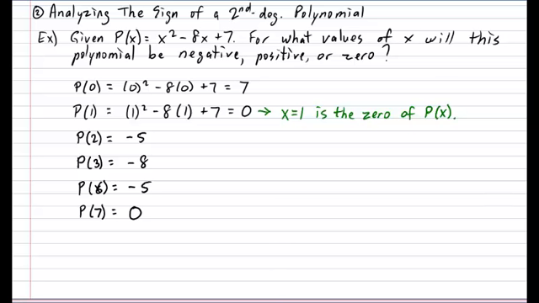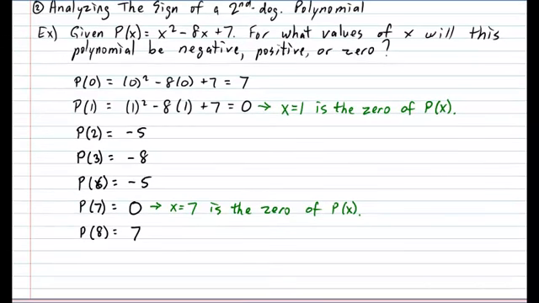This polynomial has two x-intercepts. The previous one, which occurred when x is 1, and this one, which occurred when x is 7. Alright, let's see what happens after this. Let's plug in when x is 8. If you did it correctly, you should have gotten a y value of 7. It starts being positive again.